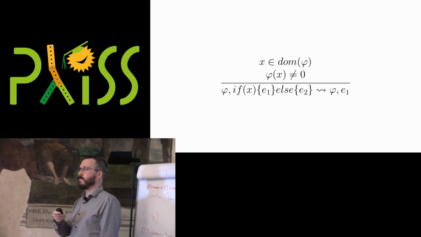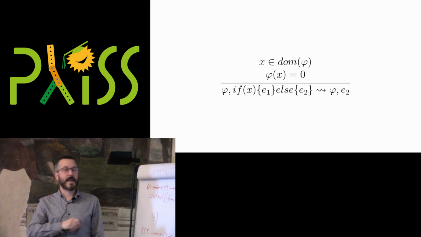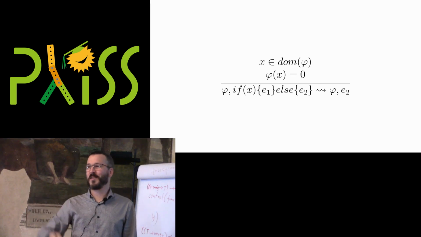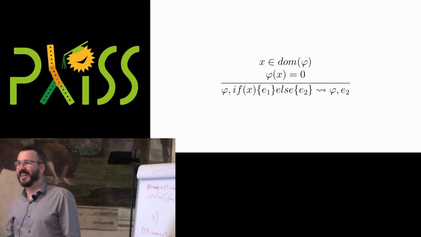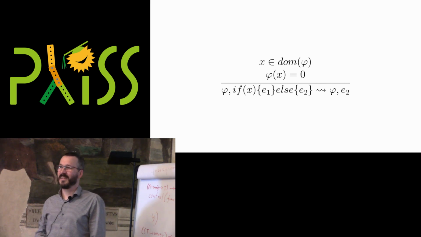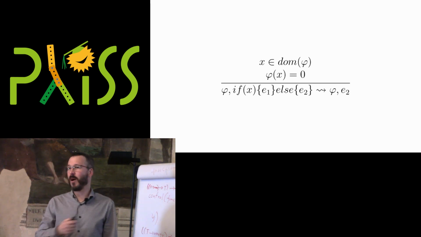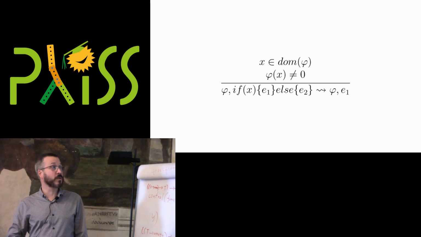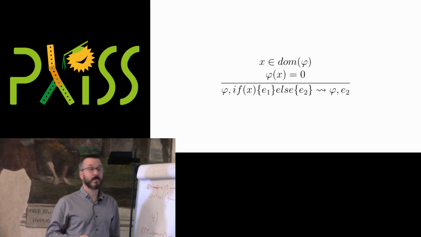Okay? What does that do? Come on. Yeah, go for it. Well, that's for the case when x evaluates to 0, because in that case we have to evaluate the else statement. That's right. Exactly. So we drop E1 and evaluate E2. Fantastic. So that takes 2 rules to express the whole thing.